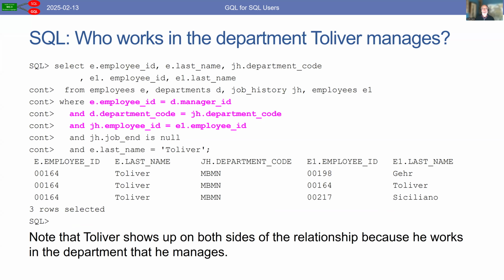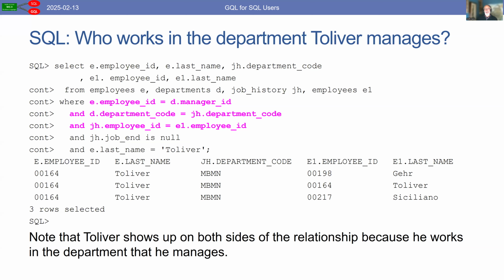A little more complicated query: who works in the department Tolliver manages? So again, I have to look at multiple tables: employees, departments, job history, and employees. So I have to know that an employee has a job history record.